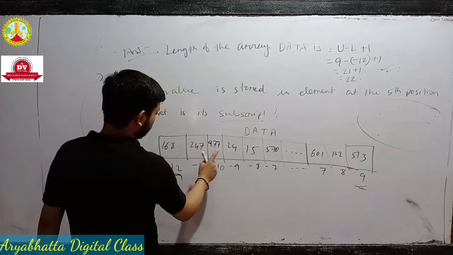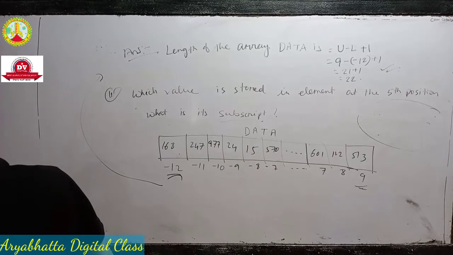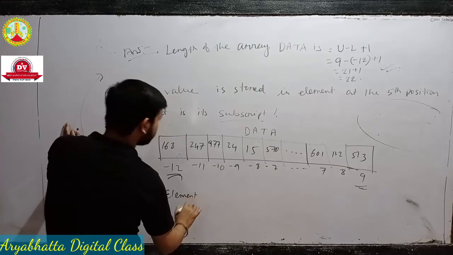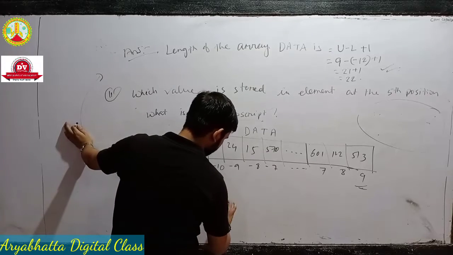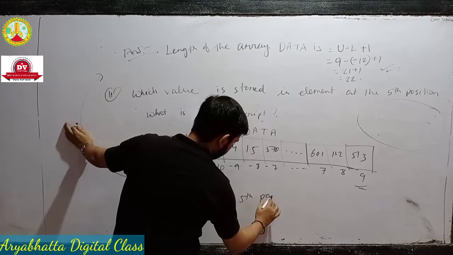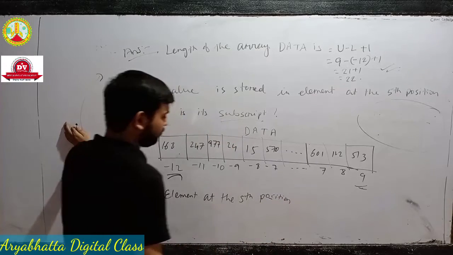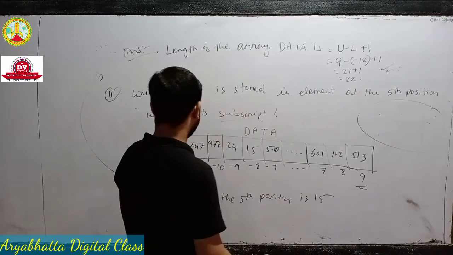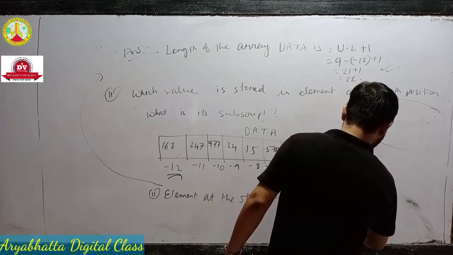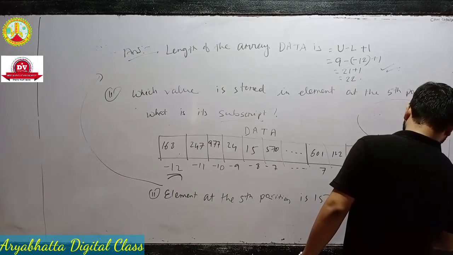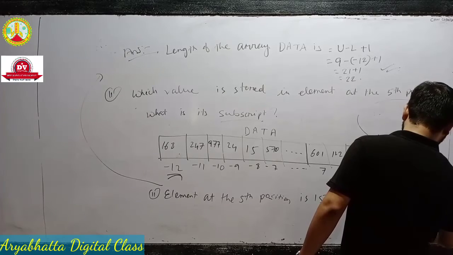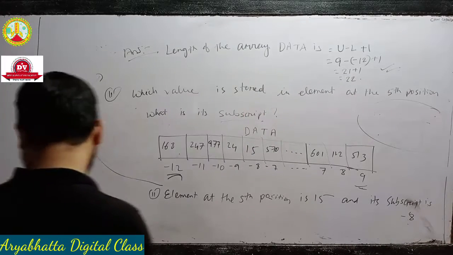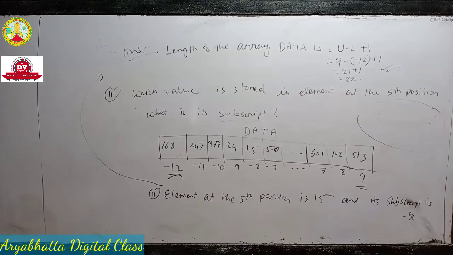Counting 1, 2, 3, 4, 5, the element at the fifth position is 15, and its subscript is minus 8.